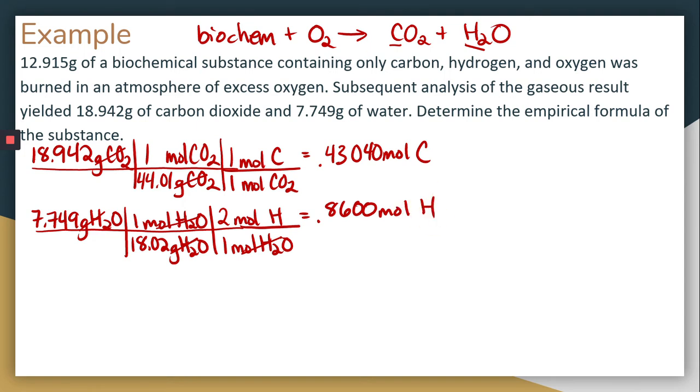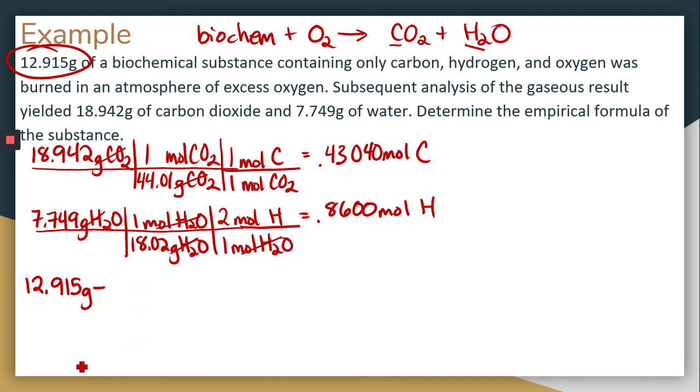Okay, so now we have to worry about the oxygen. Well, we know this amount right here, this 12.915, is carbon and hydrogen and oxygen all together. So if I take that total and I subtract the mass of carbon and the mass of hydrogen, I would know how many grams of oxygen I would have.